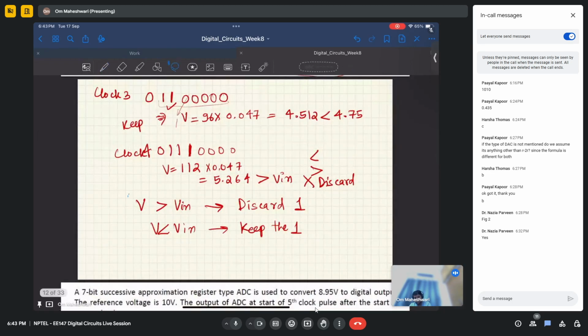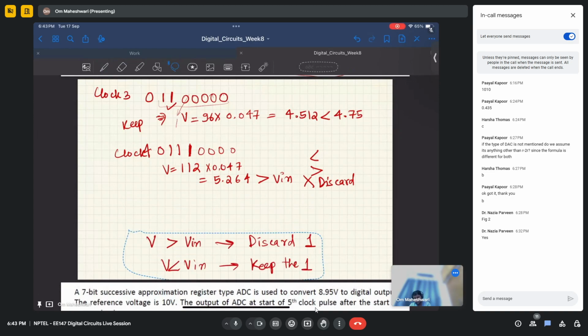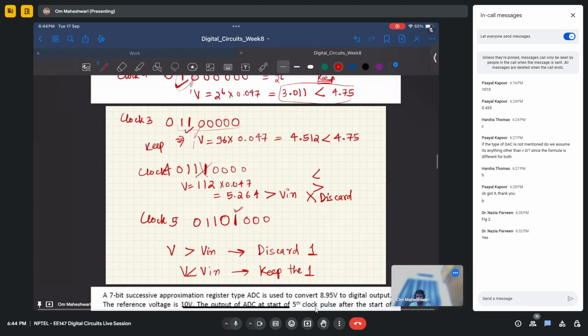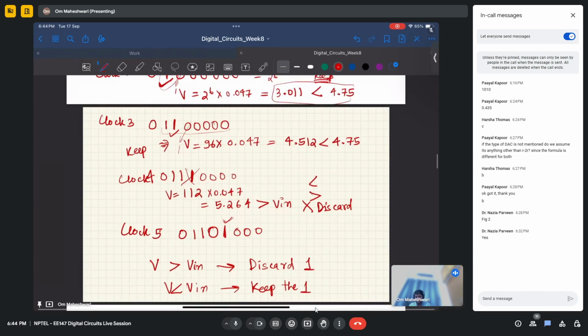In the next cycle, we have 011, we discard this one, and then check the next bit, right? So I hope this is clear. This is the main functioning of the SAR type ADC, and if you remember this, you can solve any question.